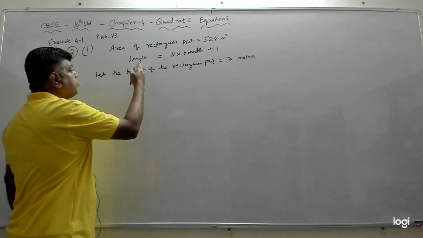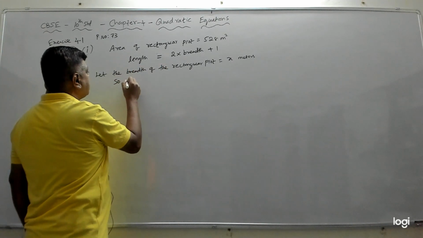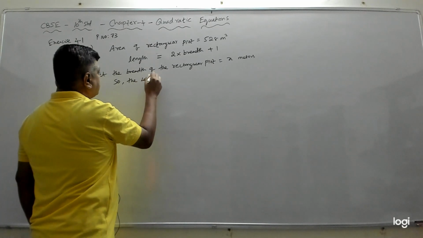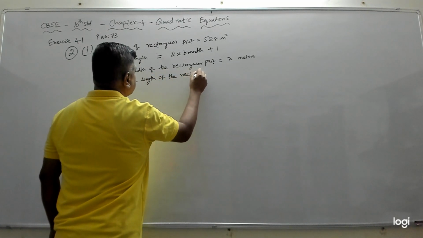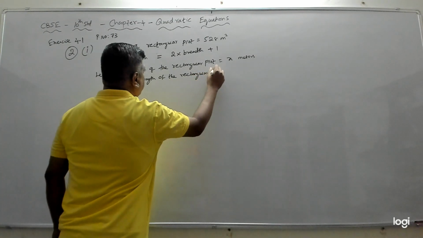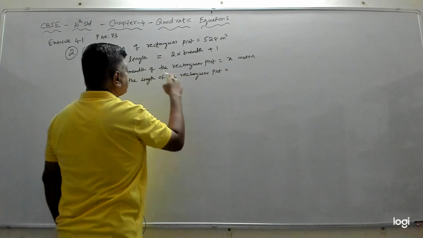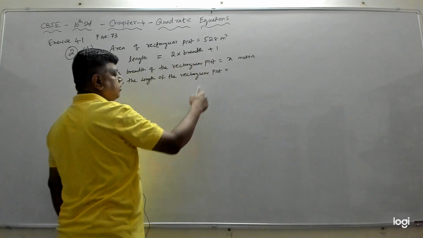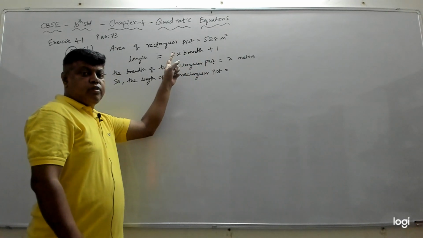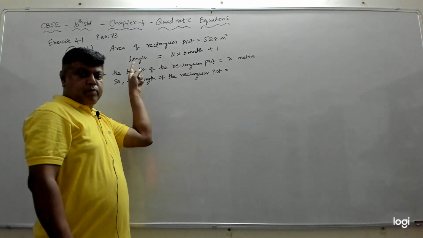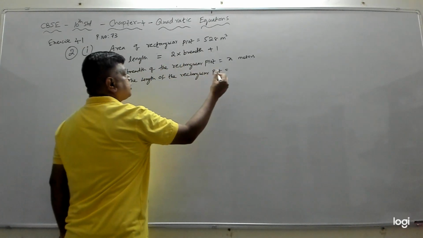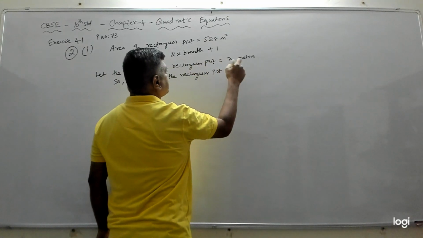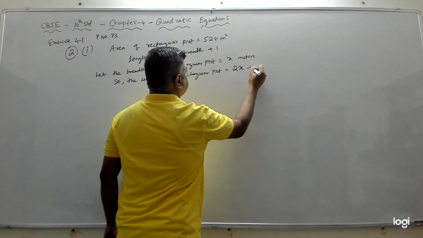Now what is the length of the plot? The length of the rectangular plot will be equal to what is given: 2 times breadth plus 1. This is the meaning of length is 1 more than 2 times breadth, and this is how we write it. So the length of the plot is equal to 2 times breadth, and breadth is x, so 2x plus 1.